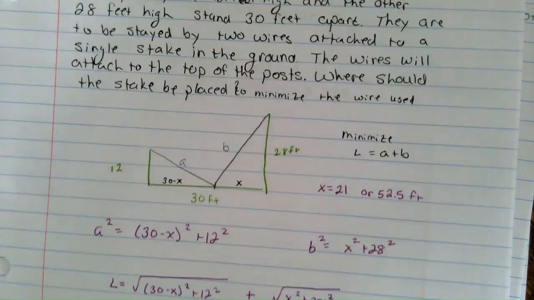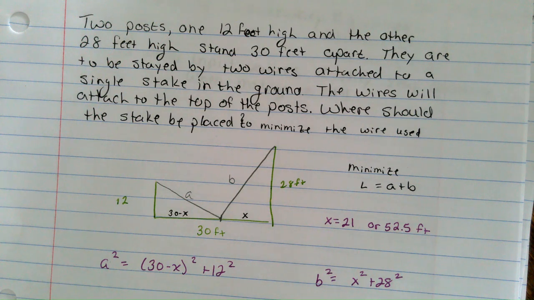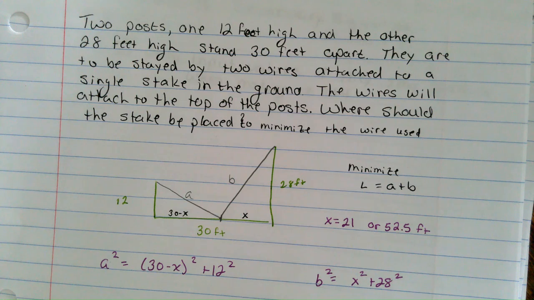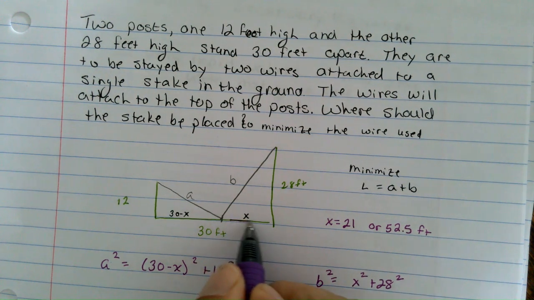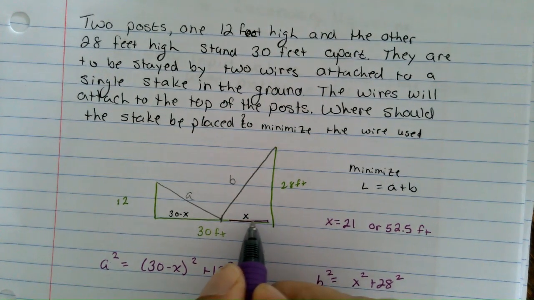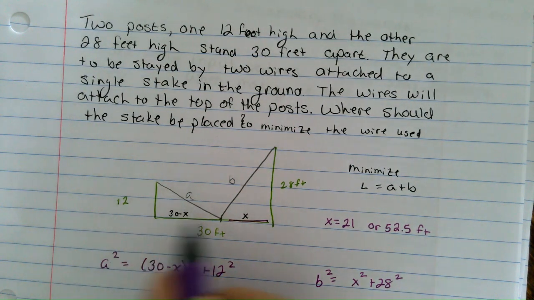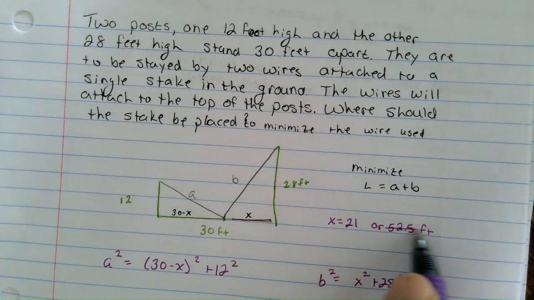Those are the answers we're getting. The thing is which one's going to work here? So X is labeled as the part right here. And we don't want to go 52 and a half feet over here because we'd have to use a lot of wire to get to it. We want this to be in between the two points. So 52 and a half is outside of our window.